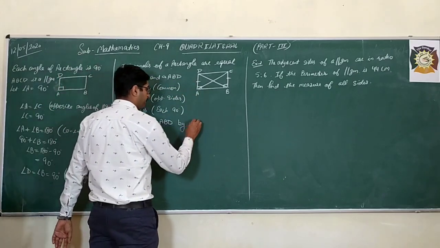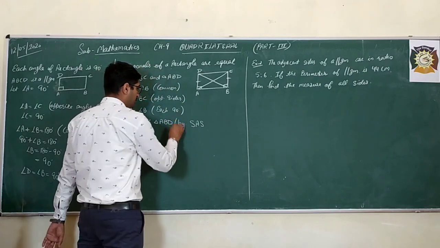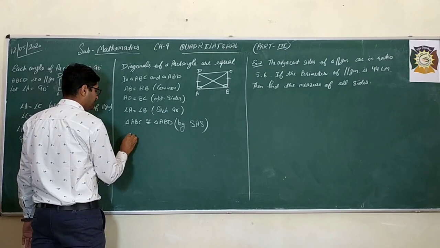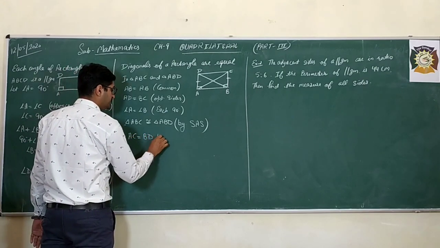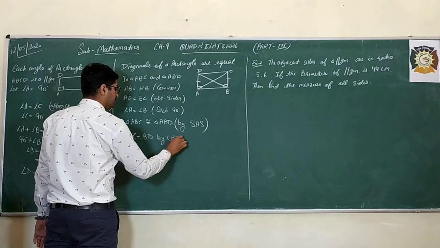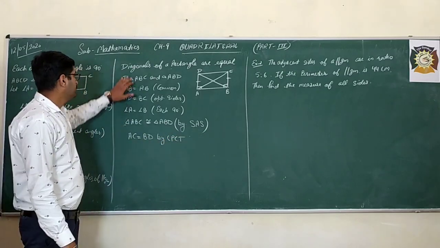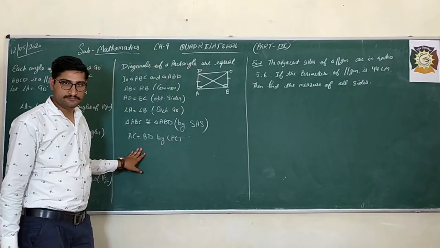So by SAS congruency rule, and if the triangles are congruent, then we can say AC is equal to BD by CPCT. Now in this way we can prove that the diagonals of a rectangle are equal.